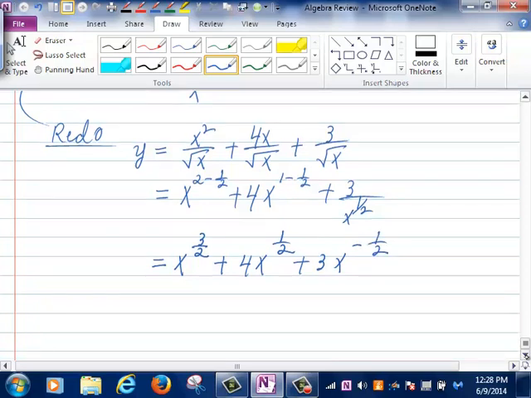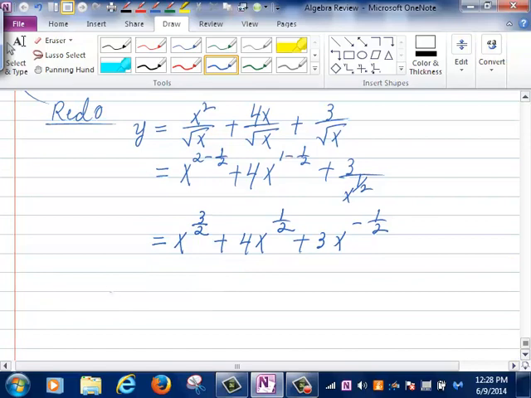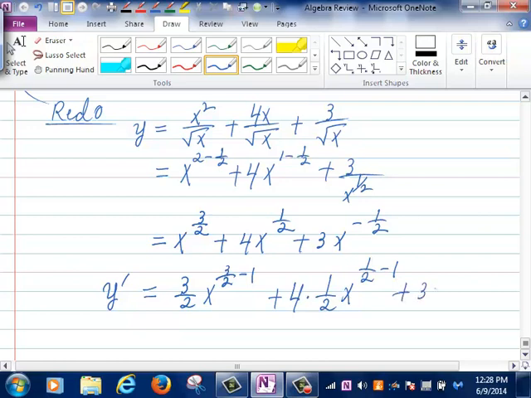So I wrote everything in terms of powers of x. Now I write y prime would be 3 half x to the 3 half minus 1 plus 4 times half x to the half minus 1 plus 3 times a negative half x to the negative half minus 1, right?